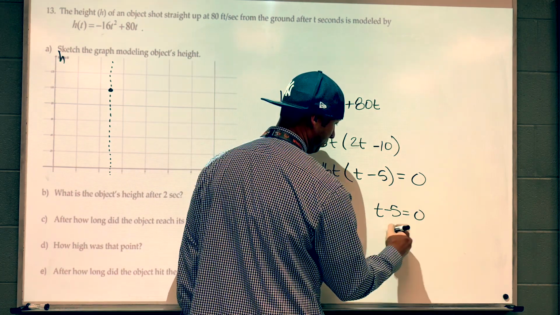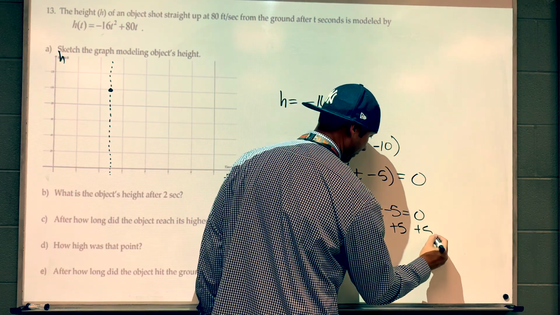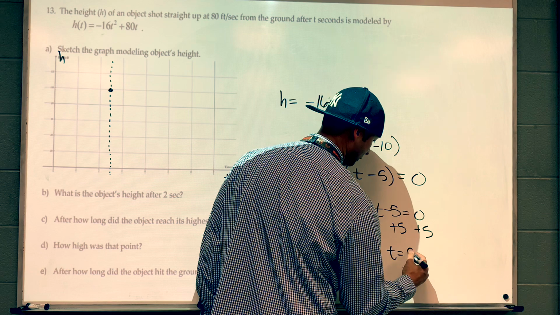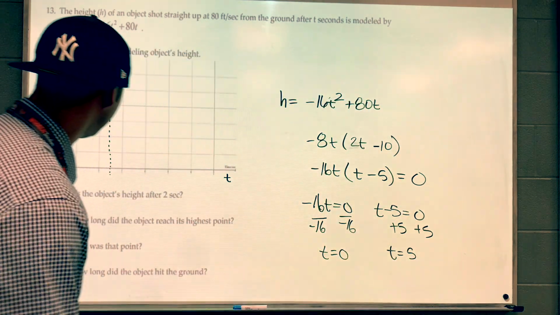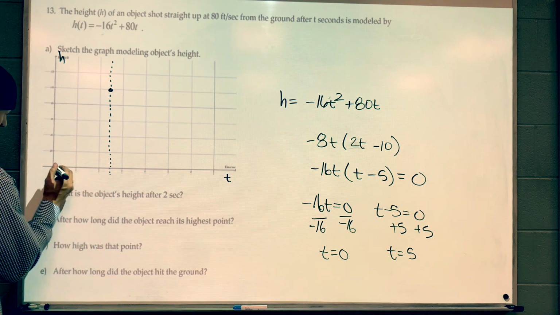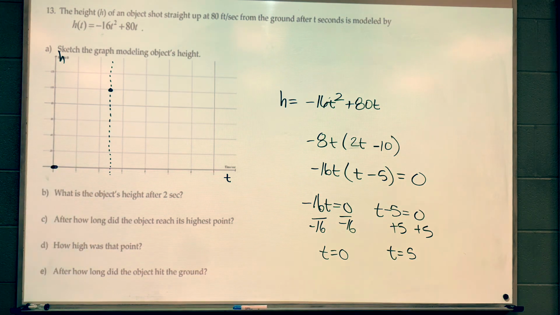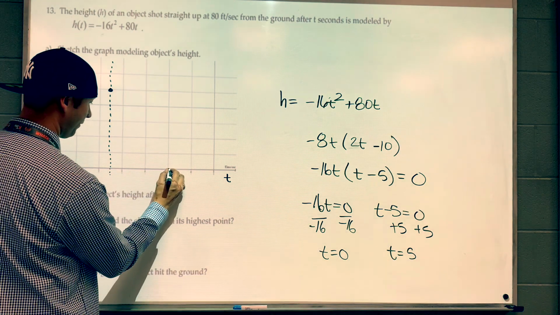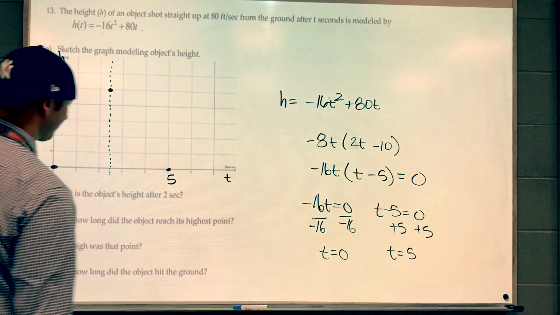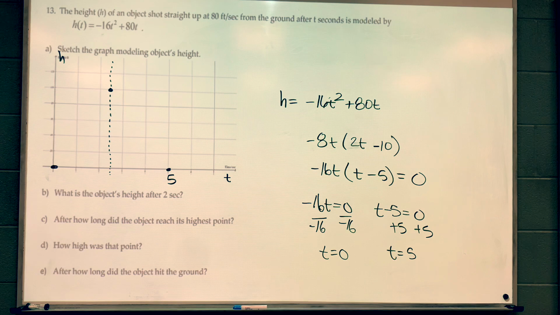And this is going to be plus 5. t is equal to 5. So what does that mean? When t is 0, it starts off on the ground. And then when t is equal to 5, we probably could have assumed that, but you never assume anything, just trust the math.